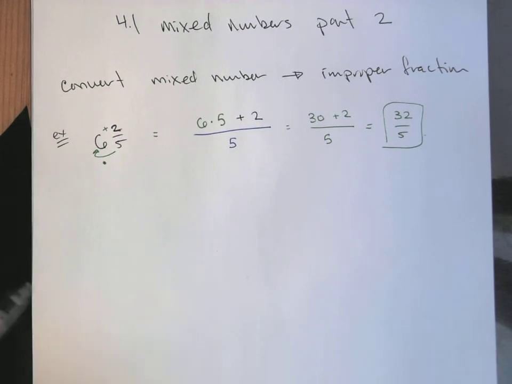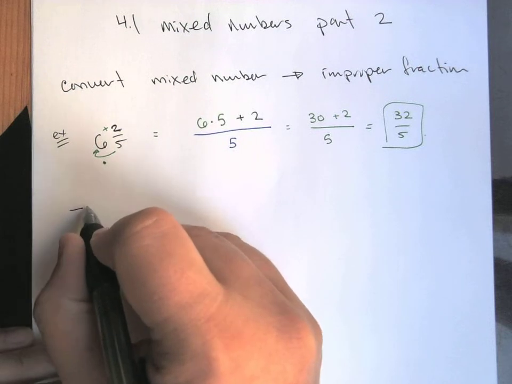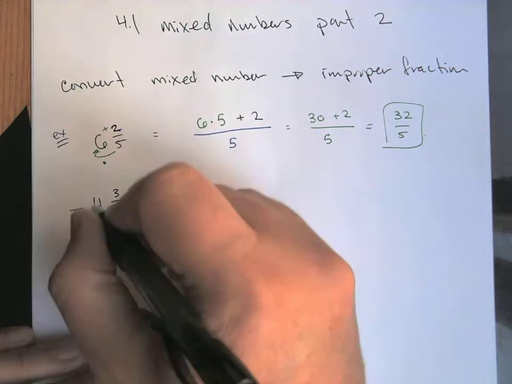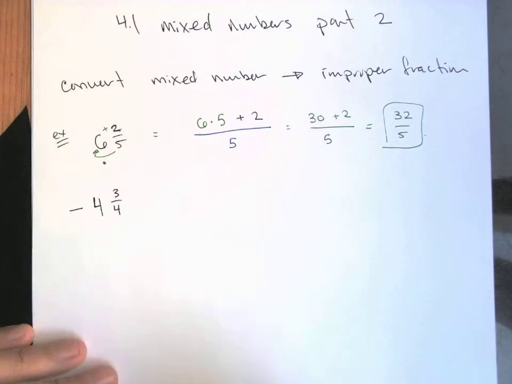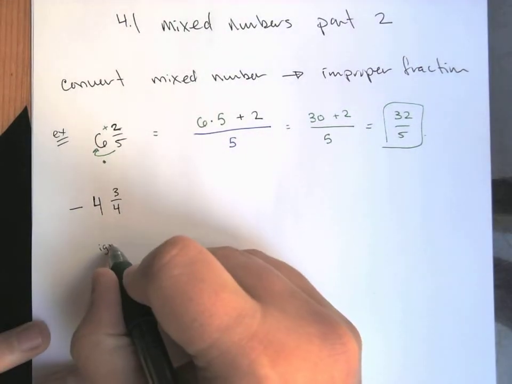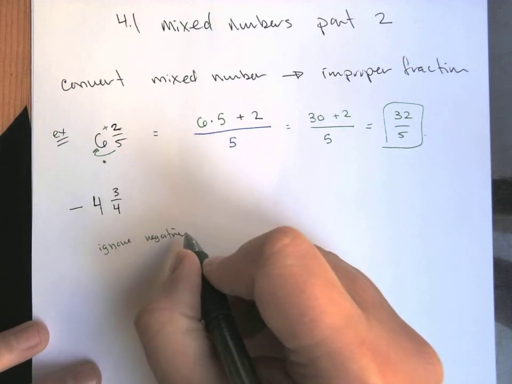The one thing here that sometimes catches people up is, so what was our other example? -4 3/4. If you have a negative value here, do the same thing we did before. Just totally ignore the negative.